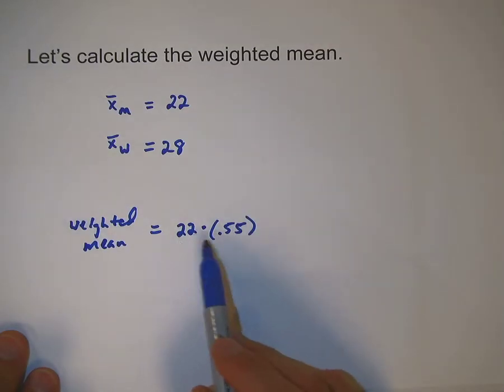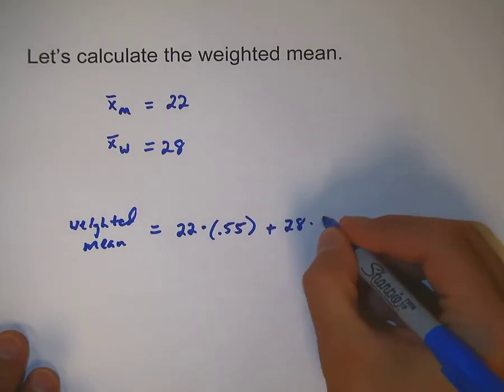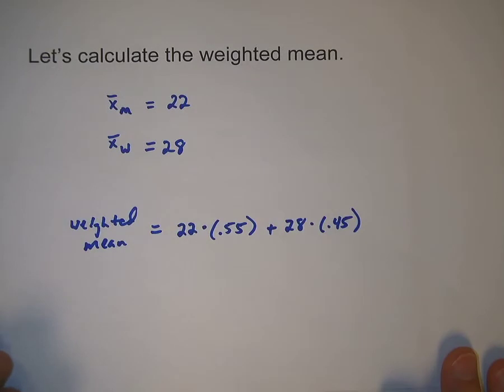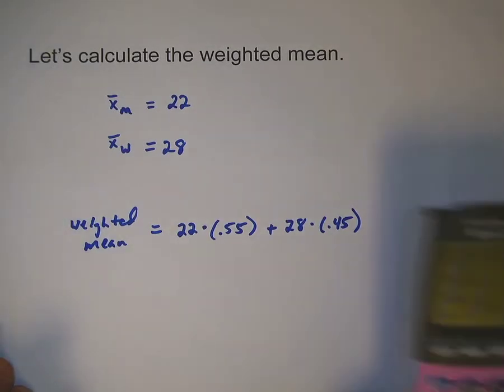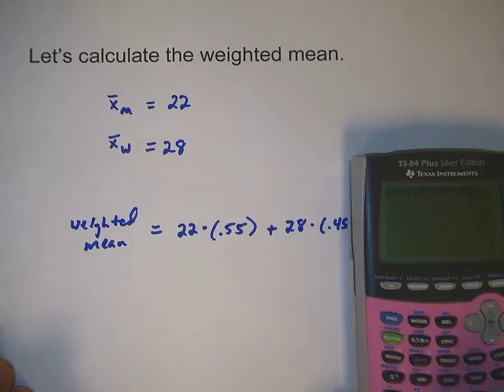So it's 22 times 0.55 plus 28 times 0.45. Once I add those, that will give me the weighted mean. So let's go ahead and do that: 22 times 0.55 plus 28 times 0.45.